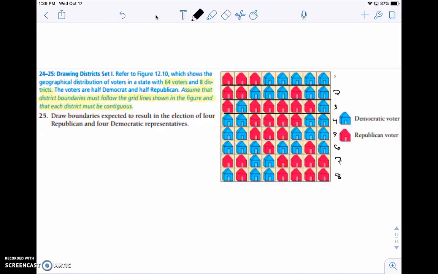So then if I look at the top, the majority for the top one is Democrats. So Democrats would win that one. Then the next one is Democrat again because there are 5 Democrats there. Then the next one is Republican. The next one is a tie.